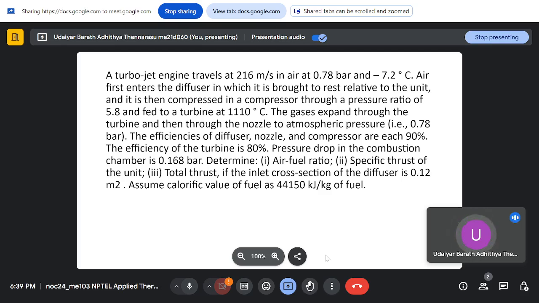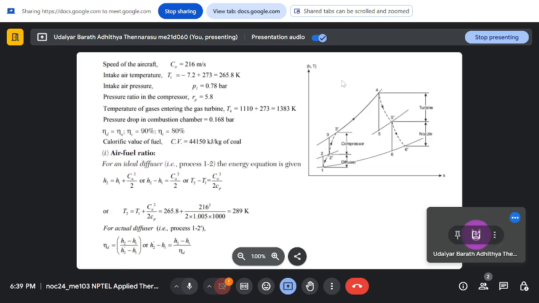They have also said there is a pressure drop across the combustion chamber, which is 0.168 bar. I know the pressure ratio in compressor and the inlet temperature to the turbine. Diffuser cross section area is also given. So that is all listed here.